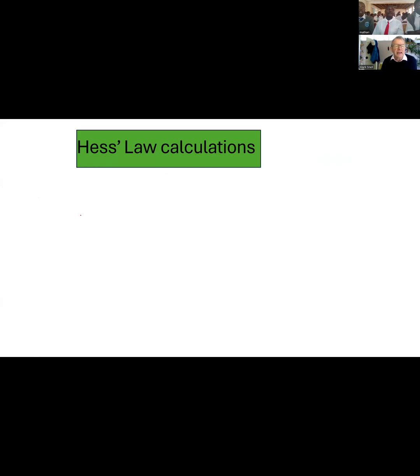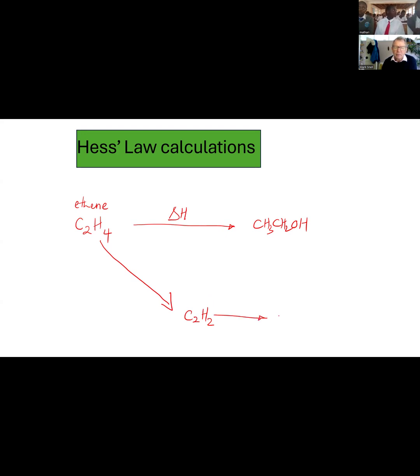If I take a chemical like, say, this, which is called ethene, and I turn ethene into ethanol, like that, it doesn't matter whether I do it like this, which has a delta H, or if I turn this first into something else, like, for instance, ethyne, and then I make ethyne into ethene, and then into ethanol.